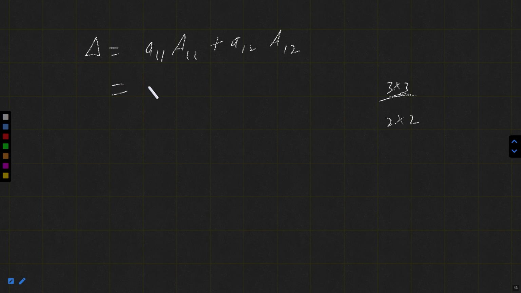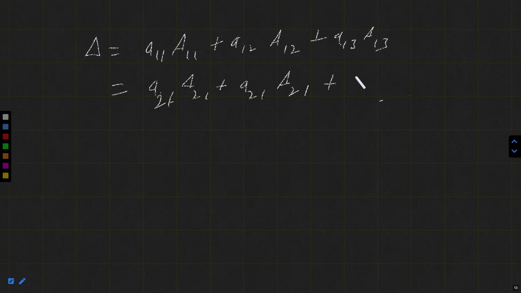Okay, now this will be the same as A21 plus A22. In case of 3 cross 3, this will be A13 with its cofactor, and this will be A23, and the determinant, this is just what?